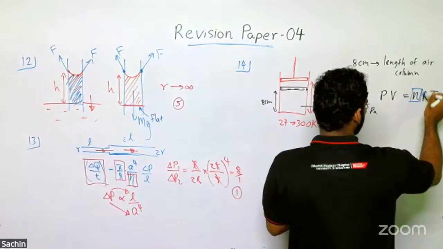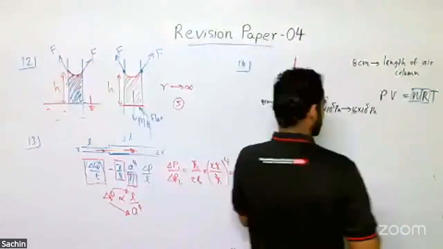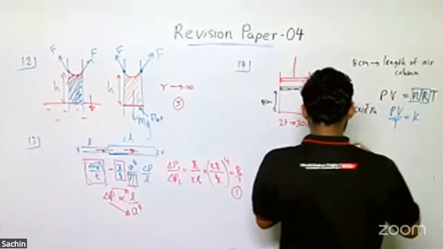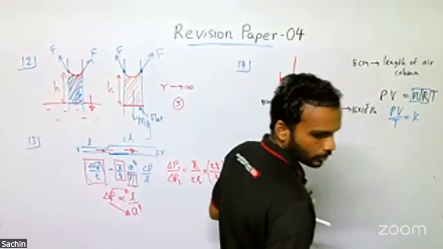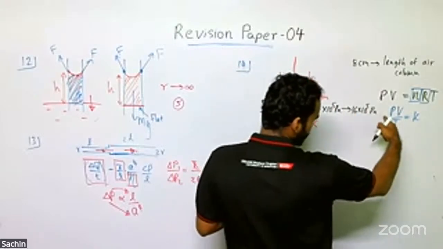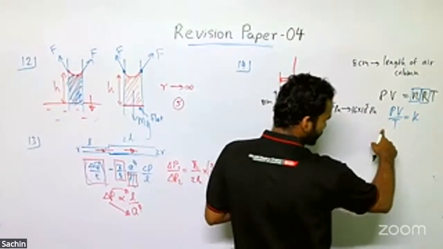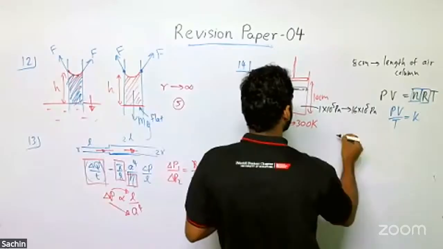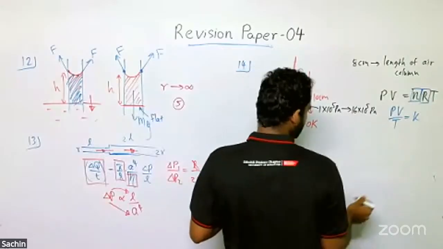It can't change altogether. So the PV over T ratio for the gas should be constant for both cases. For the initial state as well as for the final state, pressure times volume divided by the temperature is constant.